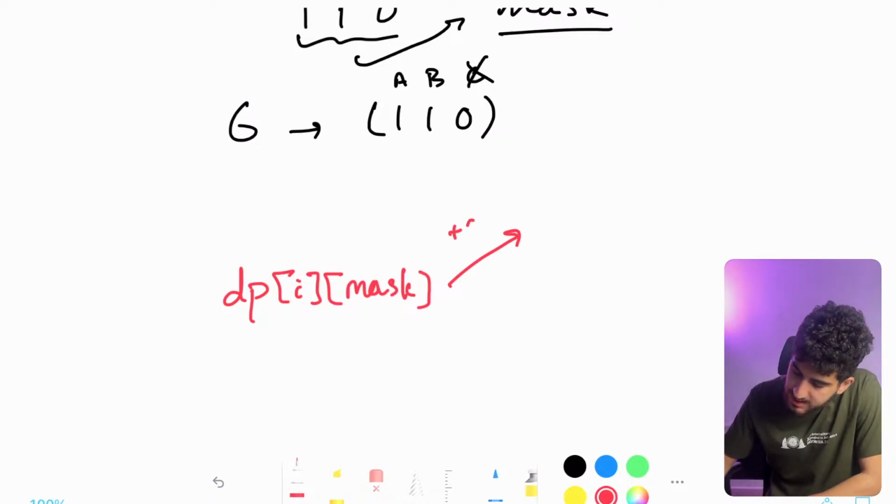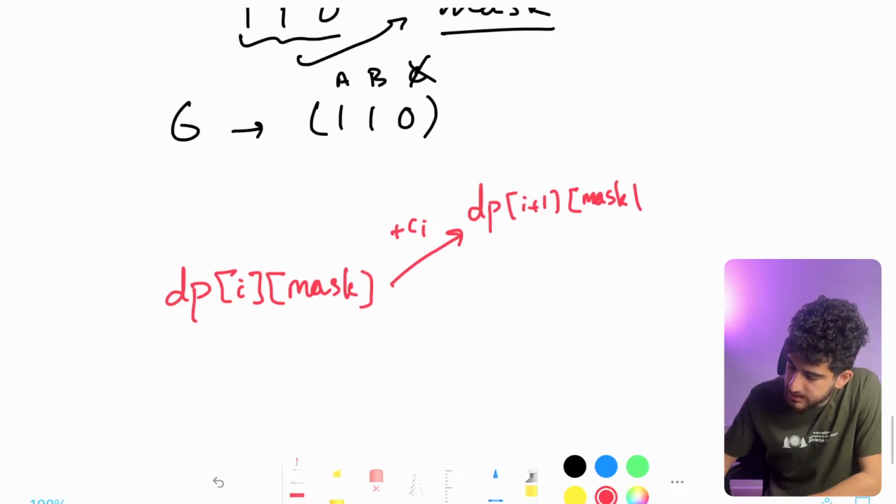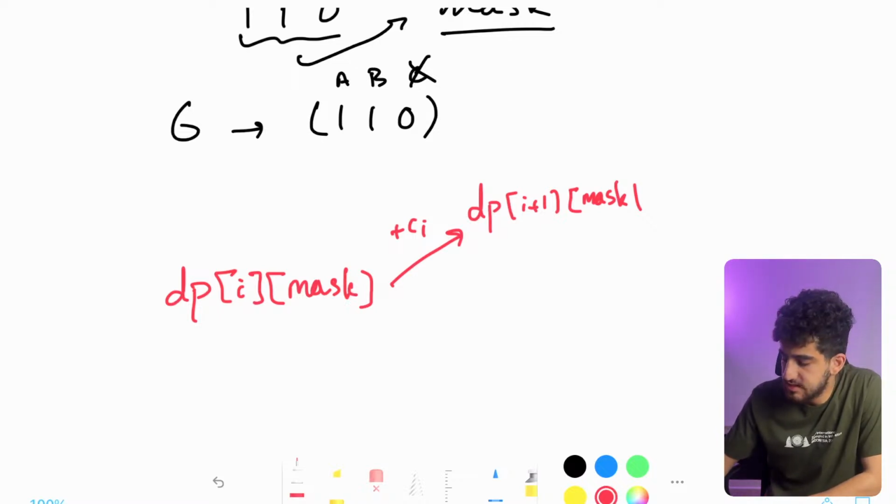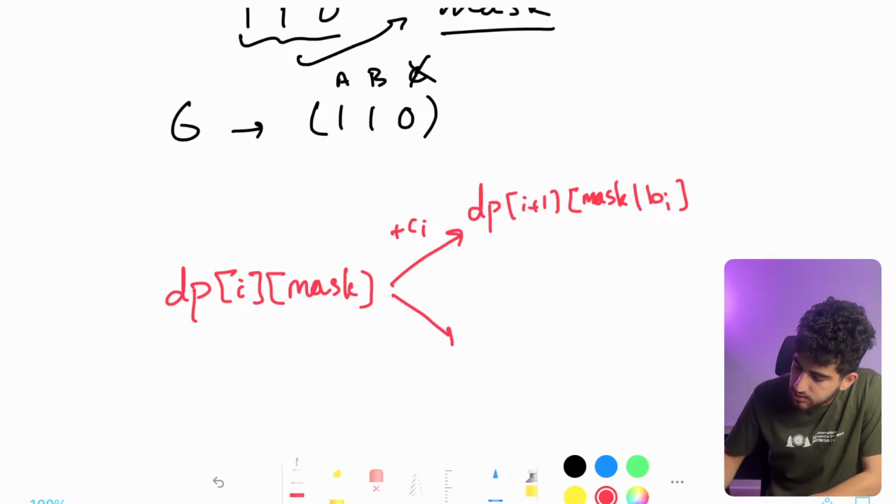This way my cost will be added by C sub I. Let's call it the current mask, or assume that the mask of vitamins that this new juice has is B sub I. I will go to DP of I plus 1 and mask or B sub I, or I do not buy this, so my cost will not change, and I will go to DP of I plus 1 and mask.